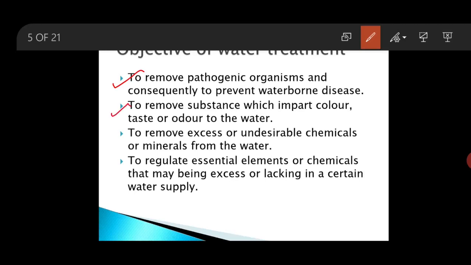Next is to remove the substances which impart color, taste and odor to water, to remove excess or undesirable chemicals from water, and to regulate the essential elements that may be in excess or lacking in a certain water supply.